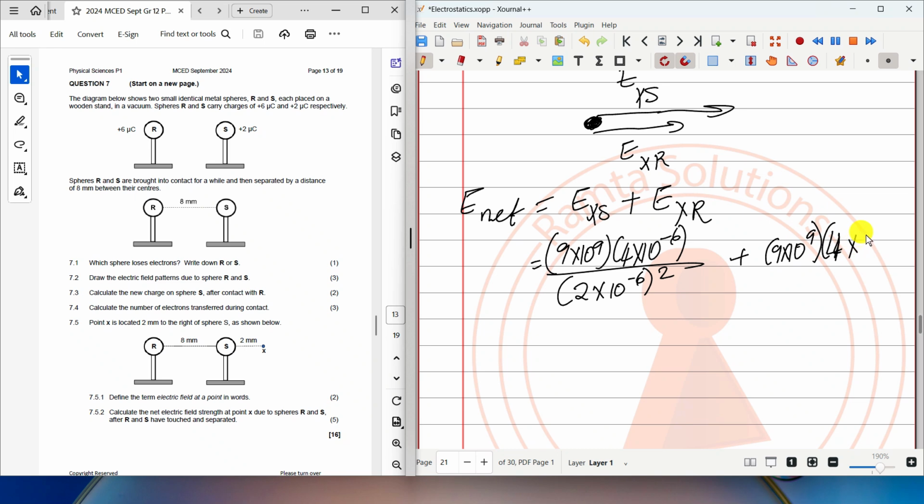You guys remember it was also 4. And then this is 8 millimeters. Milli again means 10 to the negative 3. Please let's fix this. Now let's get our answer.